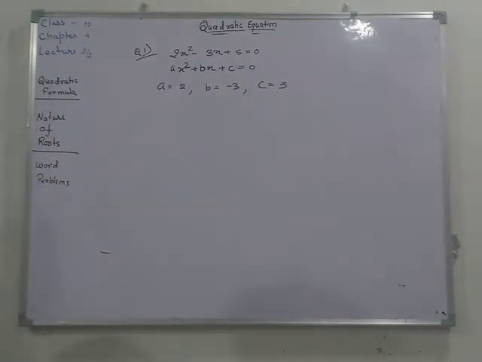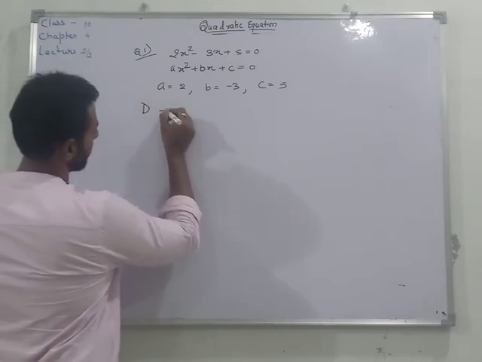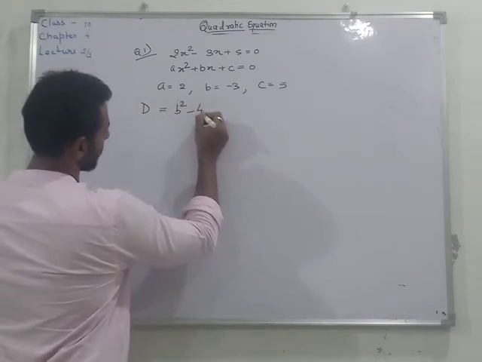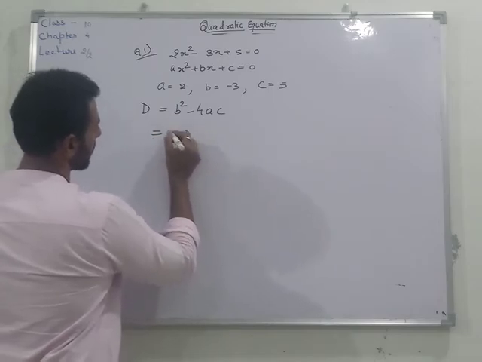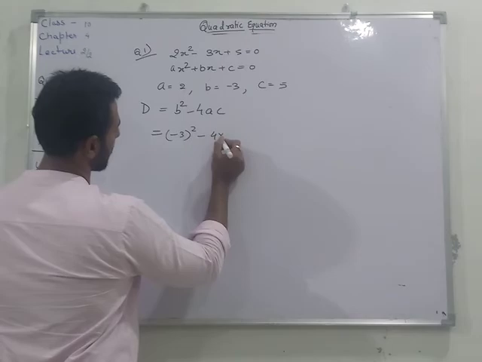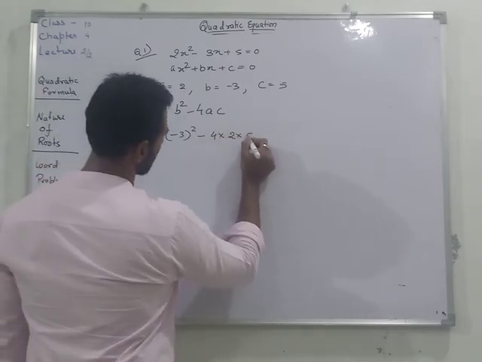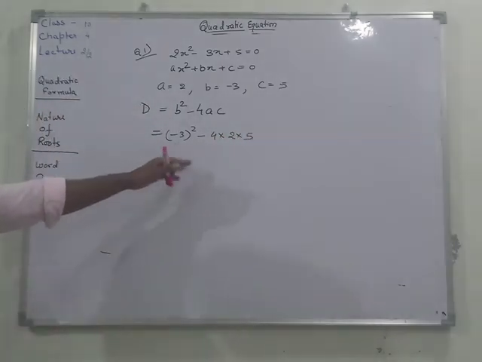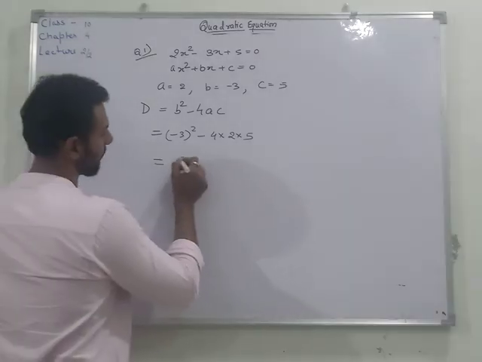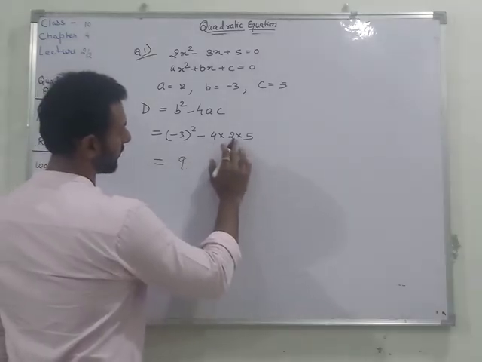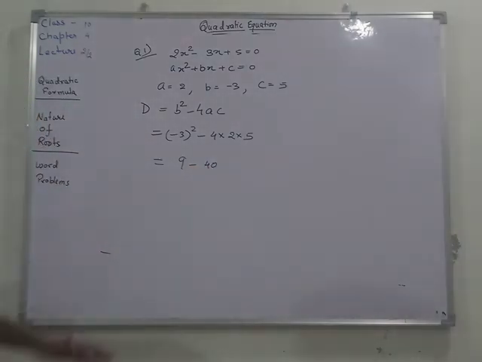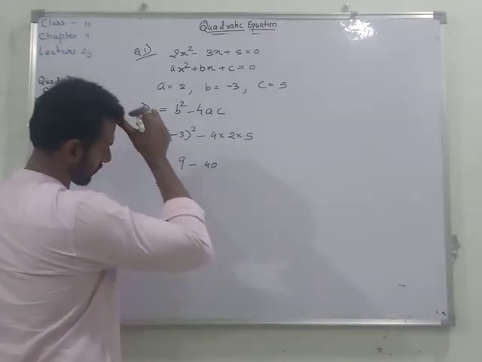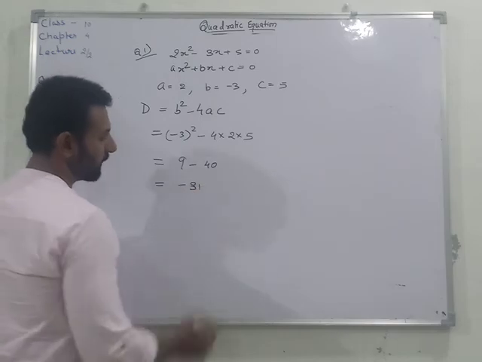Now the next term, discriminant D, which is b² - 4ac. Substituting the values, b² will be (-3)² minus 4, a is 2, c is 5. (-3)² will be 9, 4 2s are 8, 8 5s are 40. So 9 minus 40 will be -31.